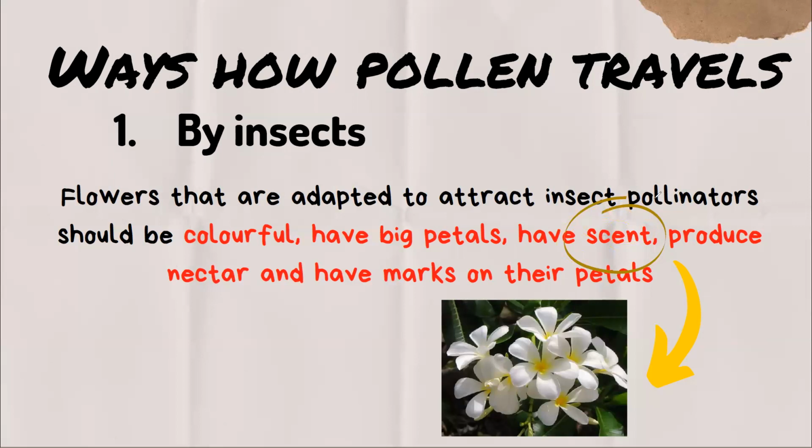Insects do not have a nose, but they have receptors that can catch any smell that is attractive to them. For example, in this picture, I've put jasmine flowers. Class, do you know what a jasmine flower is? Good. For those who know, you know they smell amazing, so they also attract insects. Is that clear?